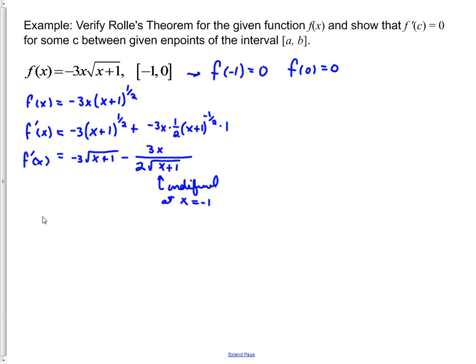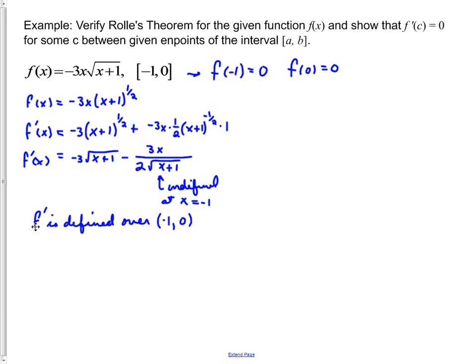And we can certainly say that f prime is defined for all the values between the endpoints, so over the open interval from negative 1 to 0. So even though it's undefined at that one point, we can certainly say that it is differentiable over the open interval from negative 1 to 0.